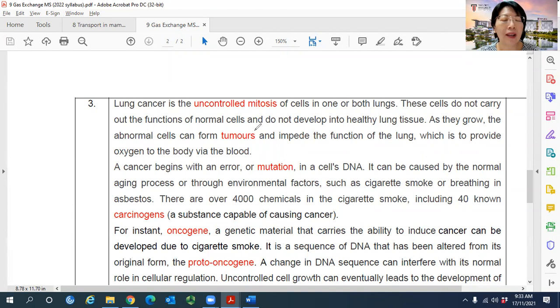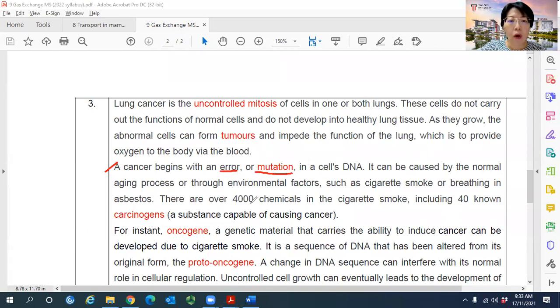There could be bronchioles and bronchus that are being blocked by the tumor. It might even damage the blood vessel wall. Okay, so a cancer begins with an error. So what is the error? It is a mutation in a cell's DNA.